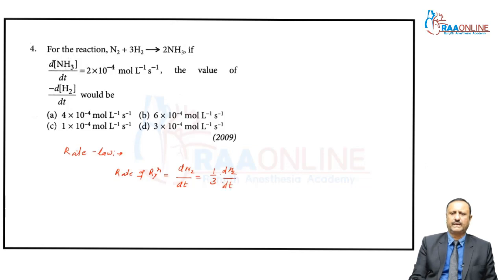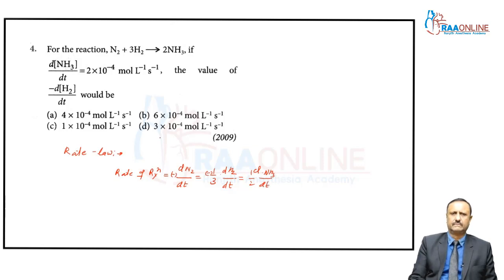Here, my dear students, you can see negative signs are present, because both are on the reactant side, and for the product you have plus 1/2 d[NH3]/dt.